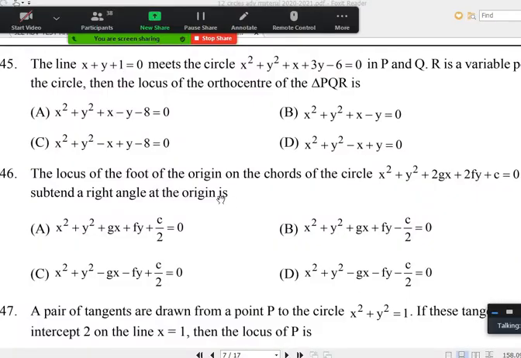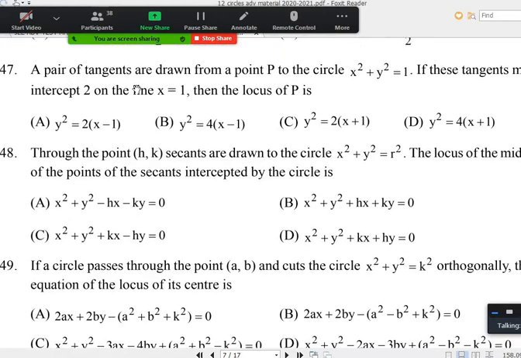Okay. Now 45, 47. A pair of tangents are drawn from a point to a circle. These tangents make an intercept of 2 on the line x equals 1.